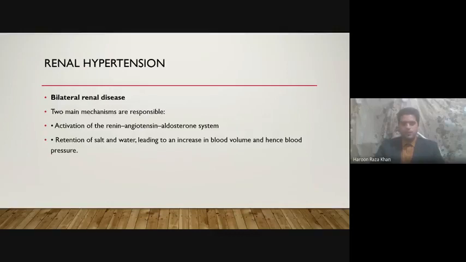activation of the renin-angiotensin-aldosterone system. So what is this renin-angiotensin-aldosterone system? Class, you can pause the video and think for yourself what this renin-angiotensin system was.